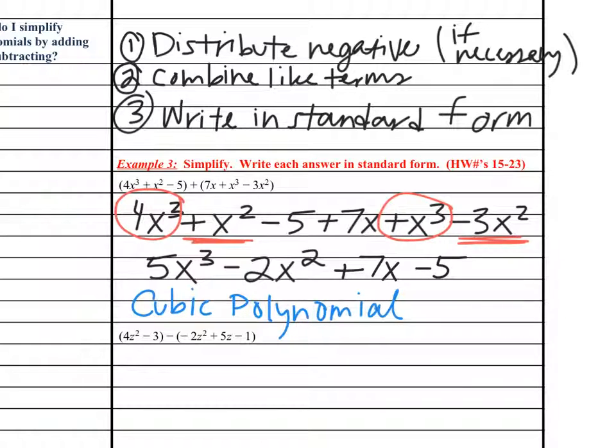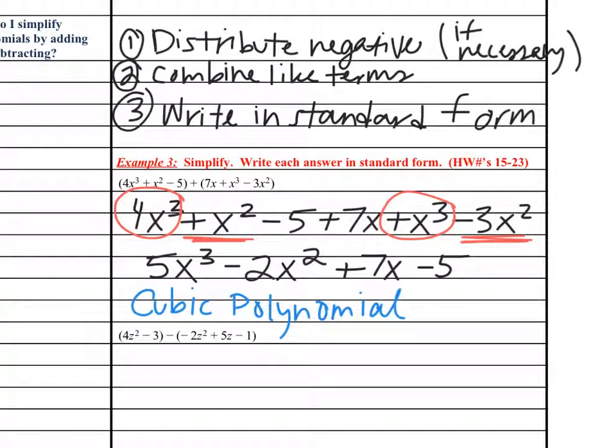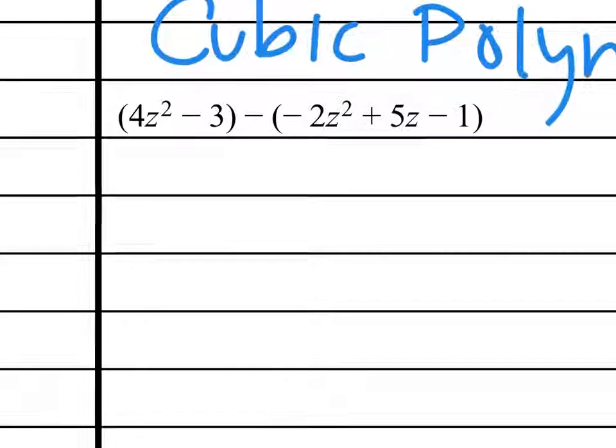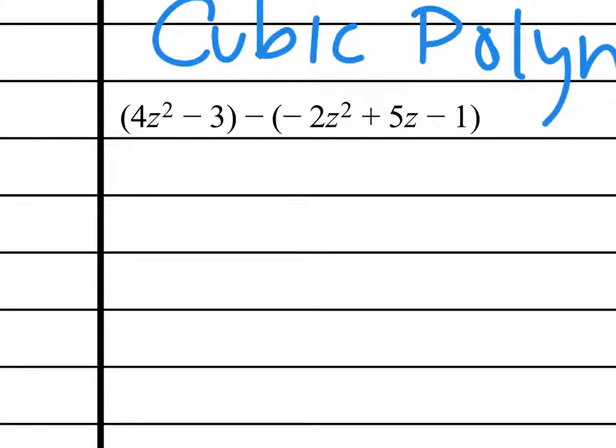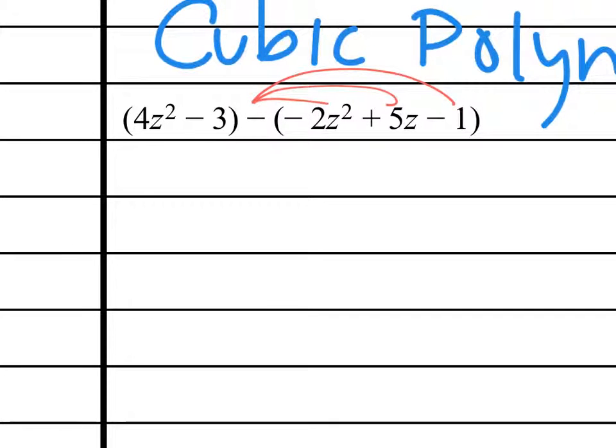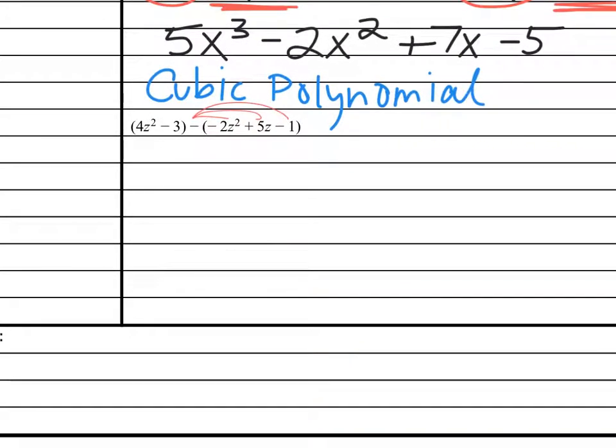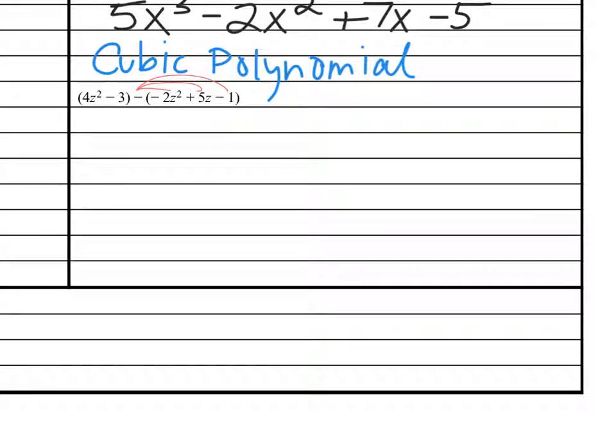Okay, and then the last one, here's where I mean distribute the negative. Because this is subtraction, distribute the negative first. So I'm going to distribute this one in the middle to there, there, and there, and then rewrite it. Once I distribute, I'm going to have you try and do the rest.